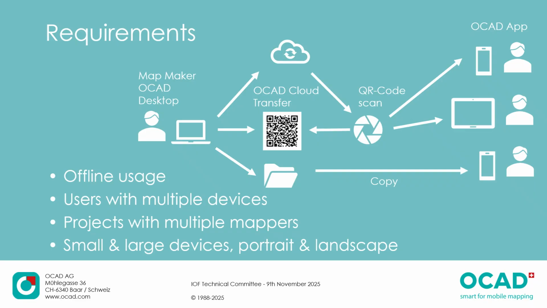Also, users might have multiple devices, or you can have projects with multiple mappers who will want to submit data back to the main map. And then, of course, there are devices of different sizes and obviously portrait and landscape, which all present other challenges.